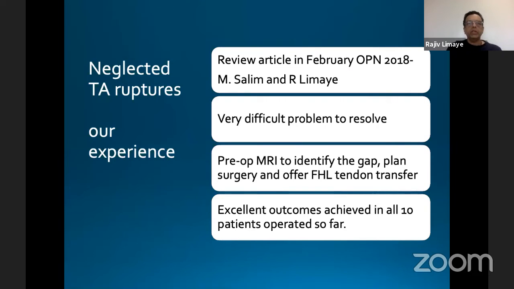We reviewed these neglected ruptures in our review article in 2018, and we came up with various positive findings, as the preoperative MRI scan to identify the gap is very essential. And we have had excellent outcomes in patients we treated in 2018, followed by regular follow-up, with FHL transfer in neglected cases.